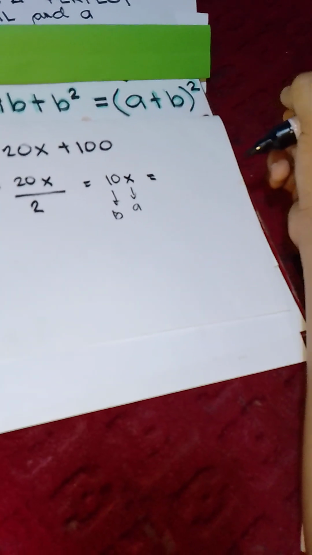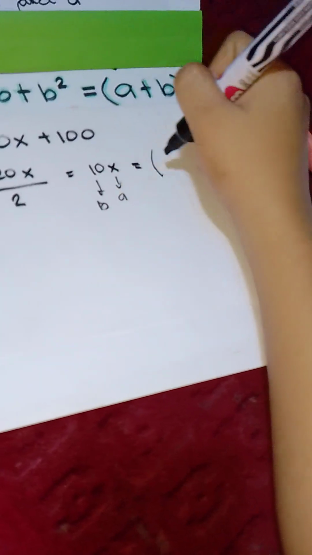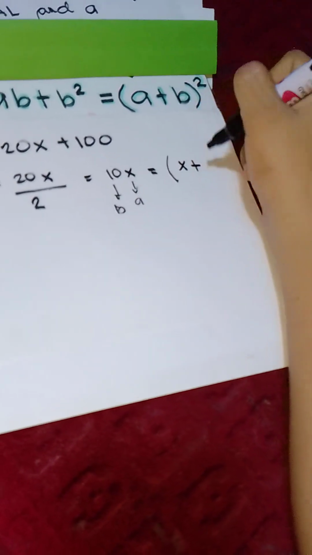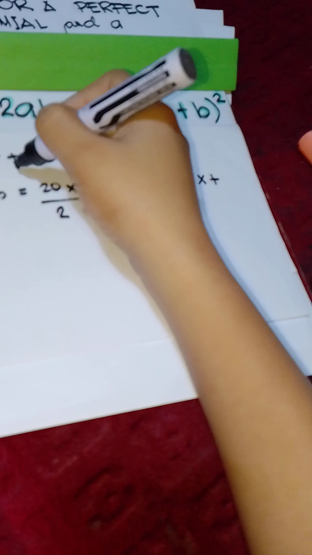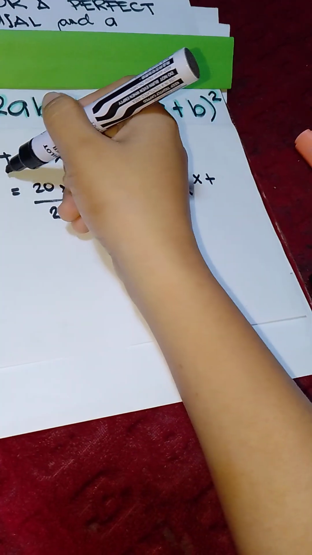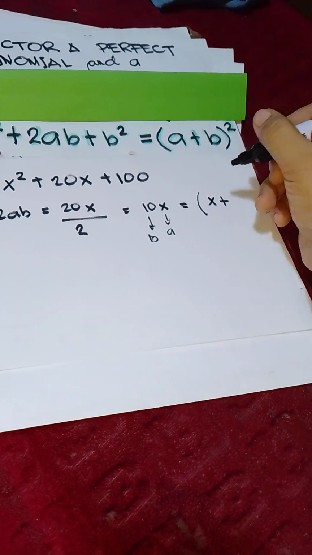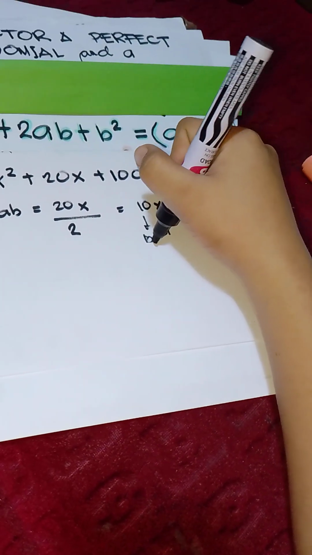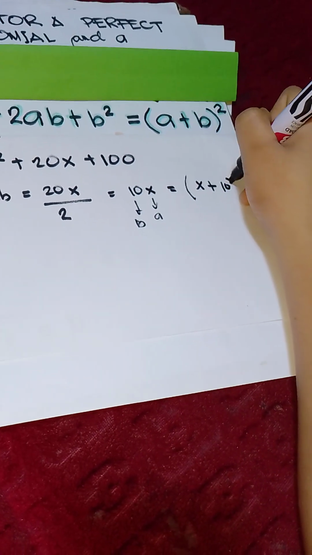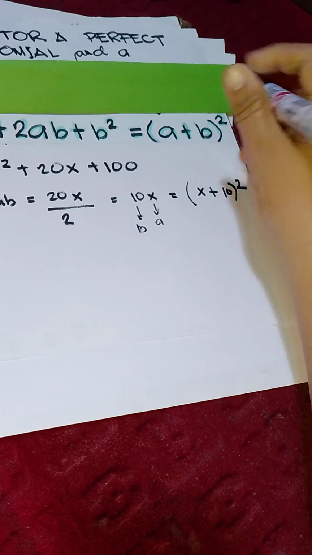So our answer is going to be x plus, so be mindful of the sign in the middle term. Since it's positive, we're going to have plus, and the B is 10 squared.